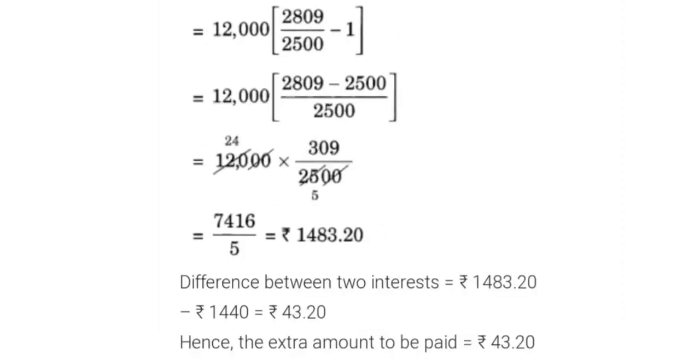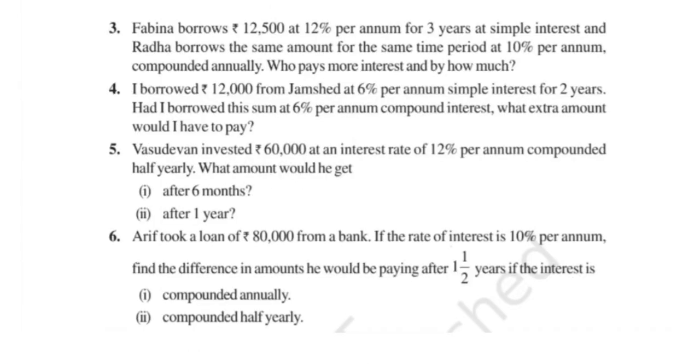So after subtraction it will come 309 upon 2500. Now let's simplify. So answer is 1483.20. Now let's find the difference. So difference is 43.20. It means the extra amount to be paid rupees 43.20.